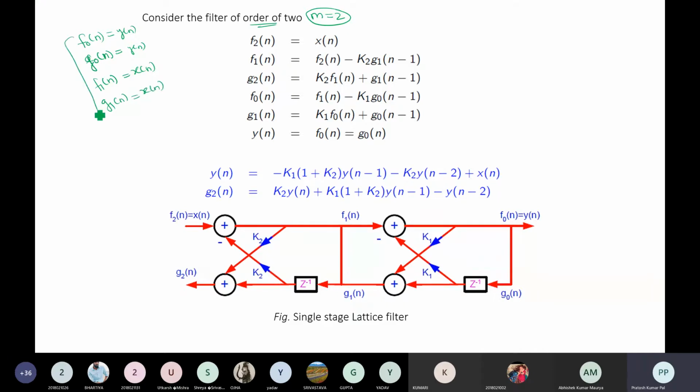So this is the lattice equation in case of order 1, for m is equal to 1. Similarly for m is equal to 2, the lattice equation will be this.